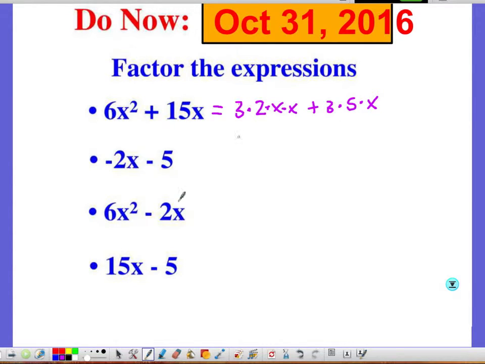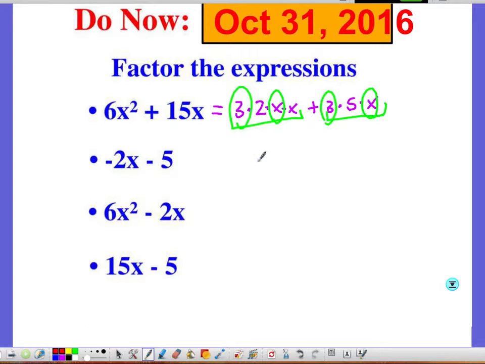Notice all we did was break down each expression individually, and now we want to compare these two expressions and see what they both have in common. Notice that they both have x and they both have a 3.